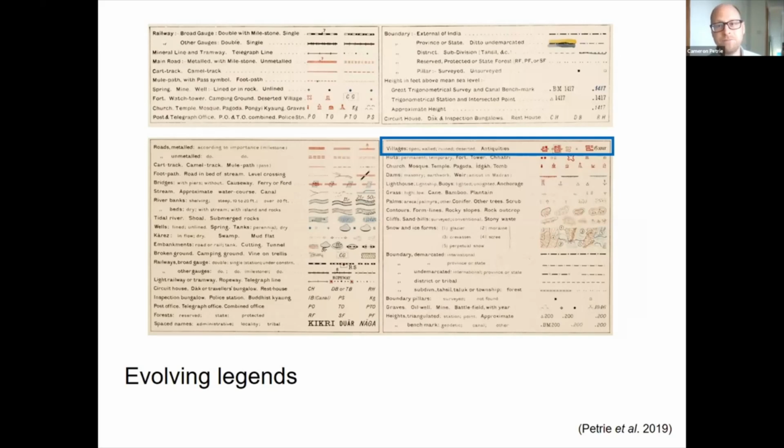But in addition, many of these maps also documented information about the landscape that was sort of hidden in the background, the types of topographic features like riverbanks and the movement of river channels, the appearance of water tanks and whether or not they held water. But importantly, as you can see in the rectangle shown in blue on the lower one of these legends, there's also the documentation of settlements.